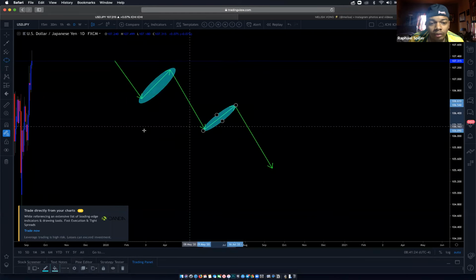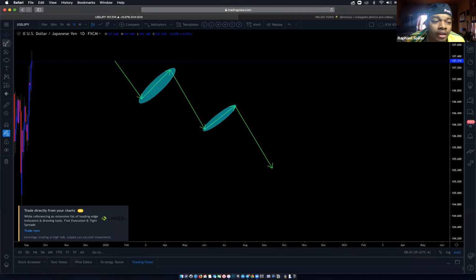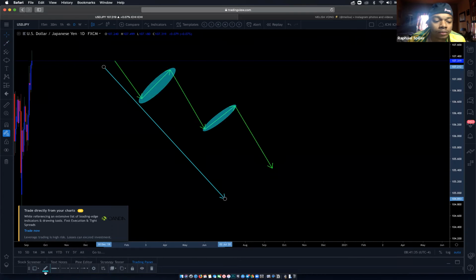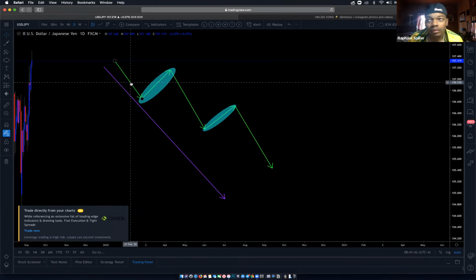This is your wave, right? Like I said, the market does not just shoot down. The market does not do that, right? The market has to retrace.